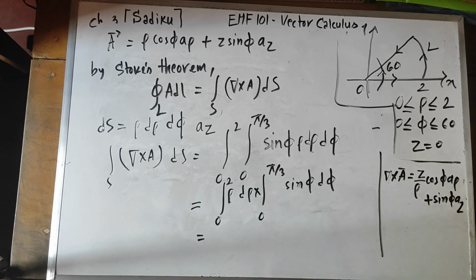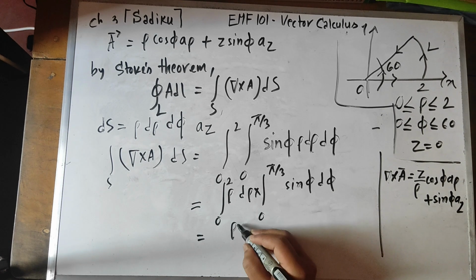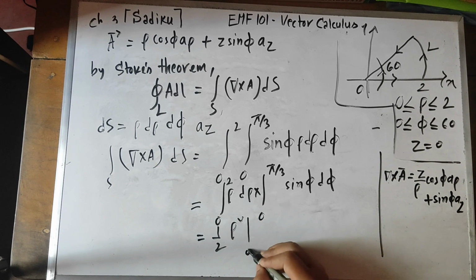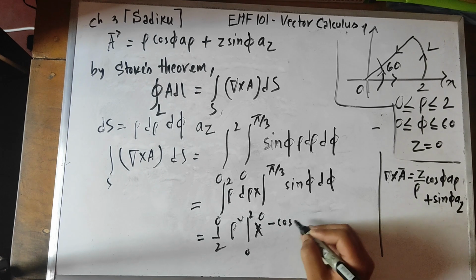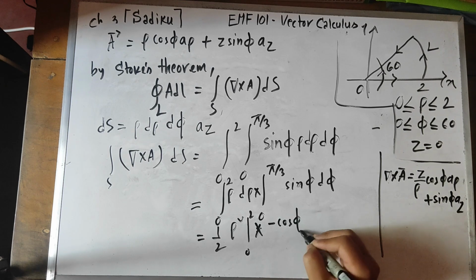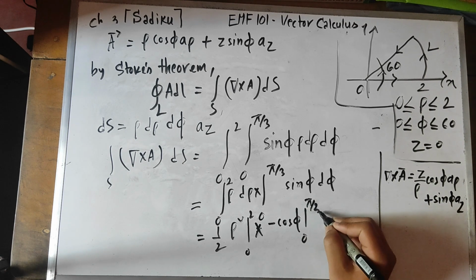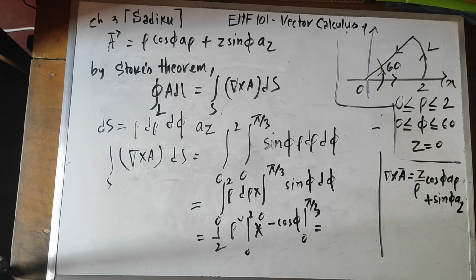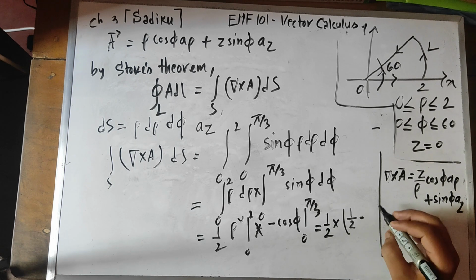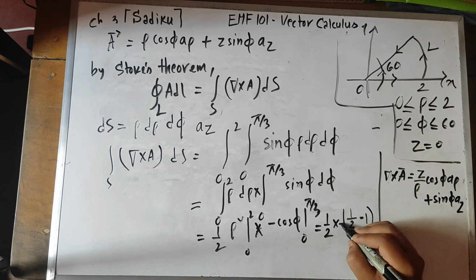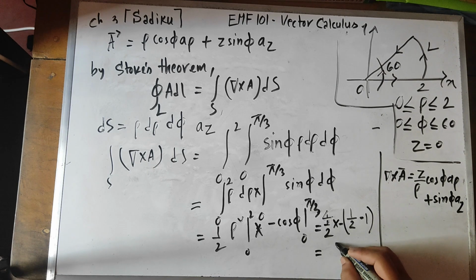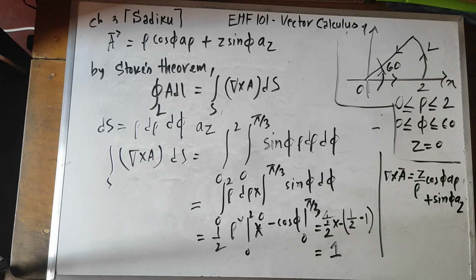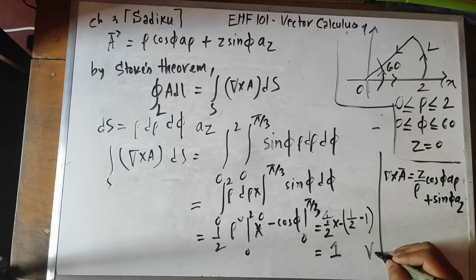Integrating gives ρ²/2 from 0 to 2, times minus cos φ from 0 to π/3. After the calculation we have found our answer, which is 1, thus verified.